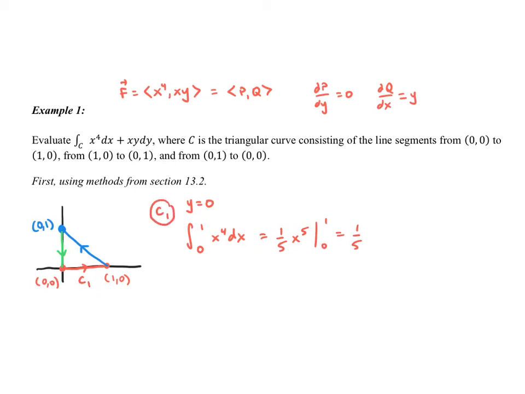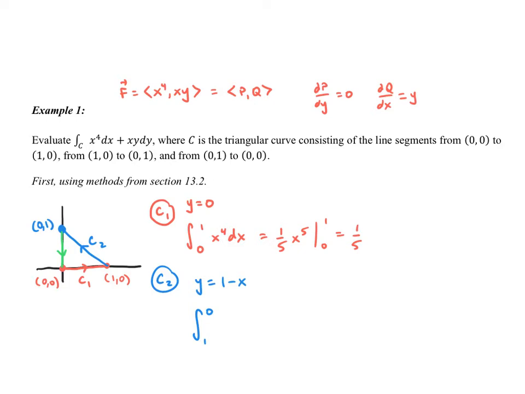Okay, then we're going to do C2, and C2 is going to be y equals 1 minus x. That's the equation of the line there. We have x values from, remember the order we're going in, 1 to 0, because we're going to start here and go this direction, so it's x is 1 to x is 0.